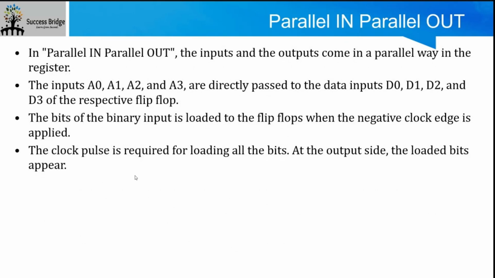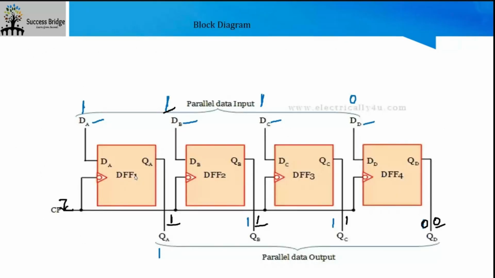Next, parallel in, parallel out is simple. You give data in the D input and directly capture data at the Q output of each individual flop. So in real time, we use serial.